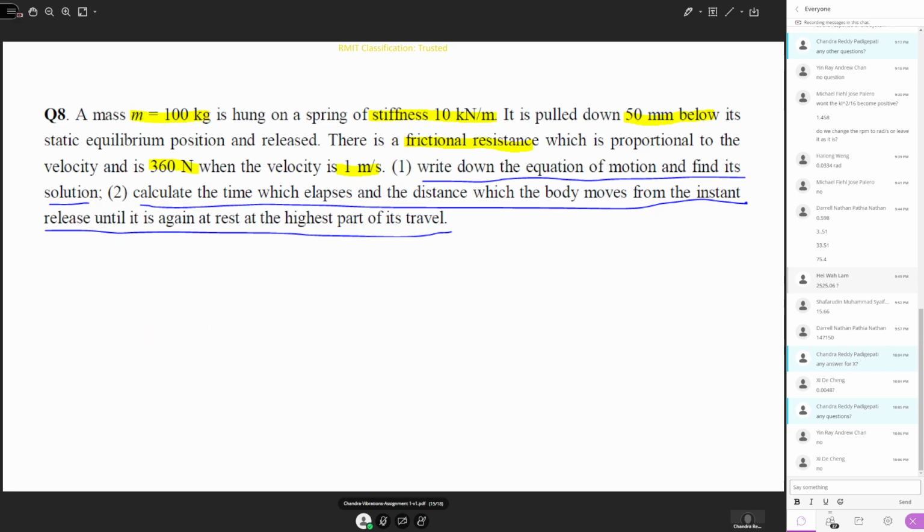First calculate the natural frequency of the system. Then calculate the damping ratio of the system, eta. Then you can calculate the damped natural frequency of the system, that is omega n into square root of 1 minus eta square.